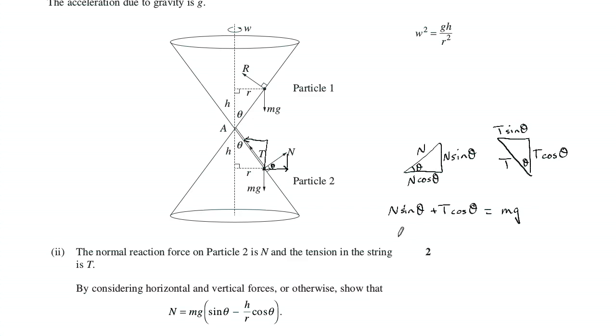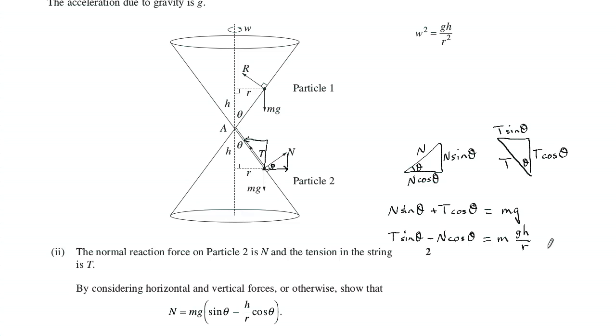So it's going to be t sin theta minus n cos theta. That's going to equal the mass times acceleration, so mass times w squared r. And let's use w squared from part 1, so that times r is going to be gh over r.